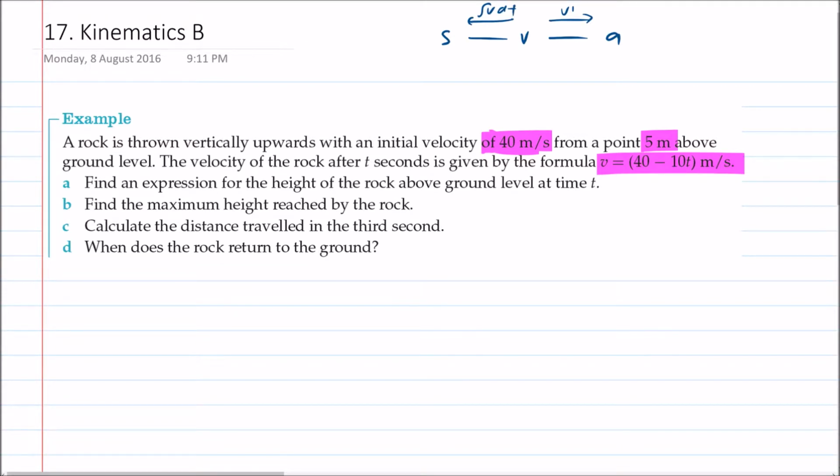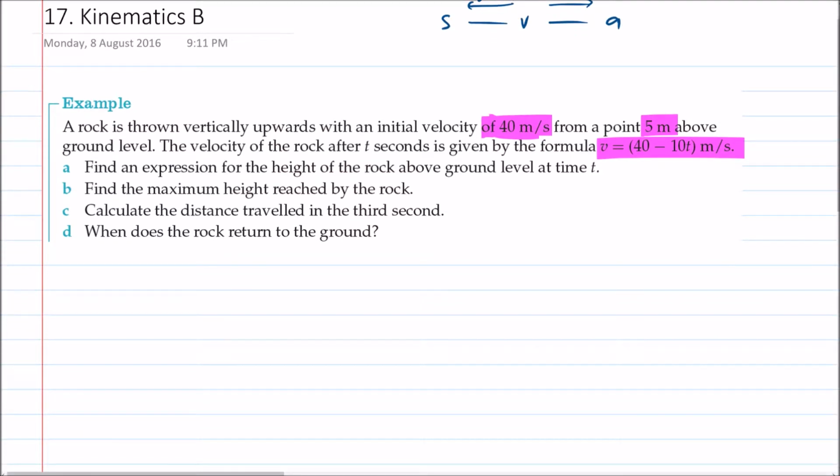Okay, so find an expression for the height of the rock above the ground level at time t. So that is talking about the distance, and so that means that we have to anti-differentiate, and so that's going to be s, which will be equal to the antiderivative of 40 minus 10t dt.